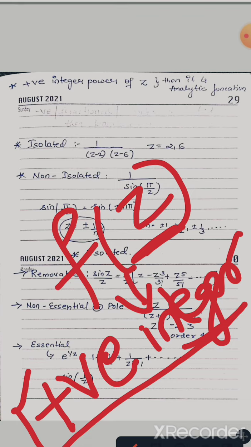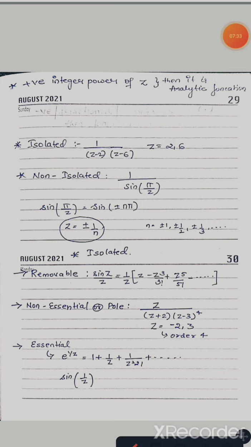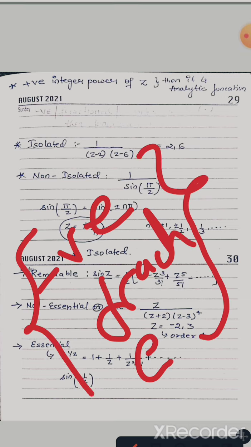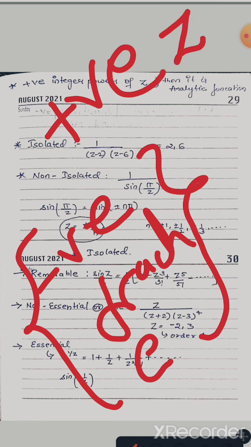And second, the function cannot have a negative, fractional or exponential power of z. If any values are like this, then you can directly say that it is not an analytic function. If it is a positive power of z, then go for the equations to know whether it is analytic or not. You still have to cross-check it, but you can do this rather than going through all the equations.